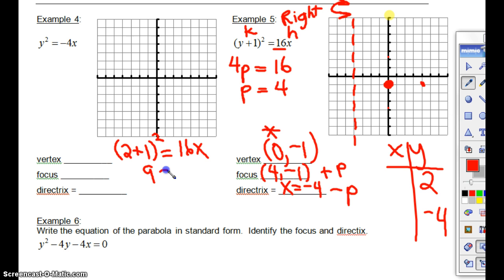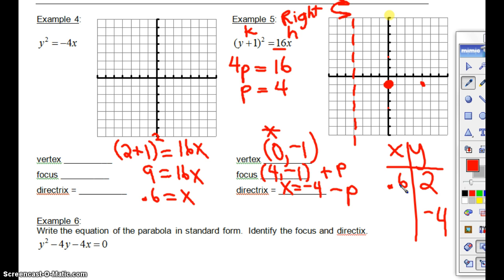So I have 9 equals 16x. And then I divide both sides by 16. So 9 divided by 16 gives me about 0.6. So 0.6 equals x.